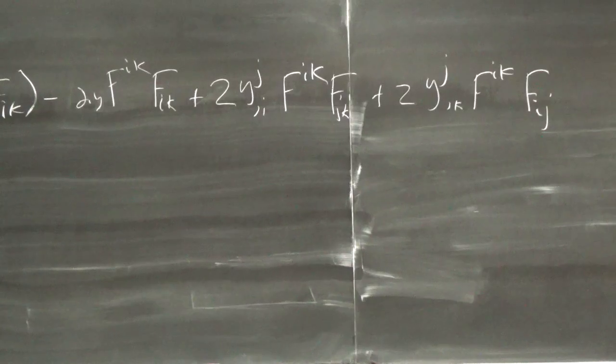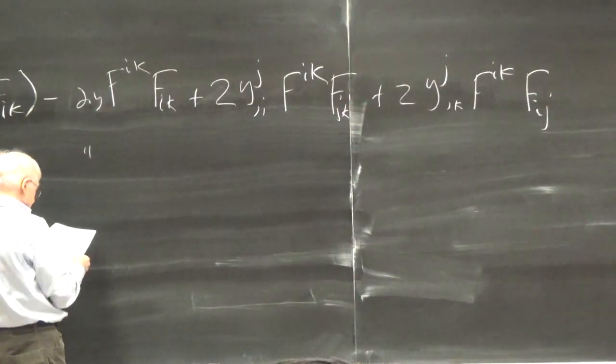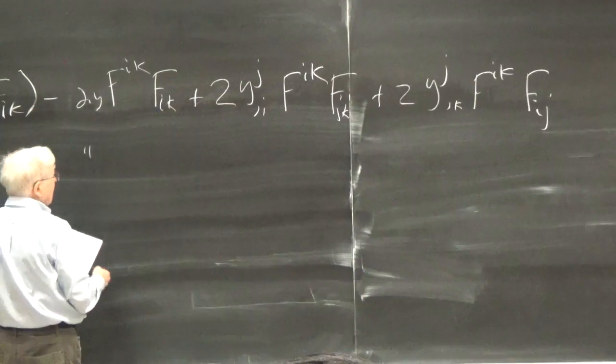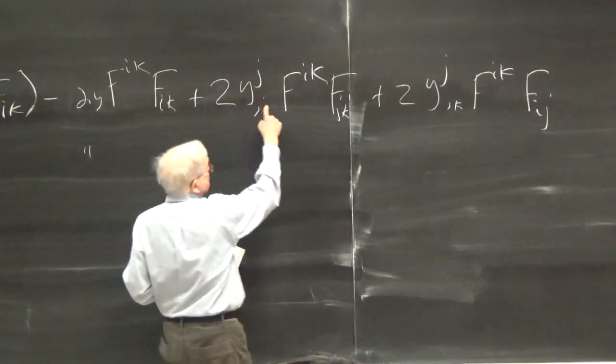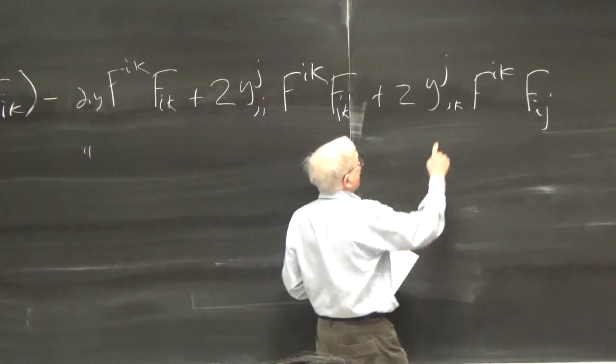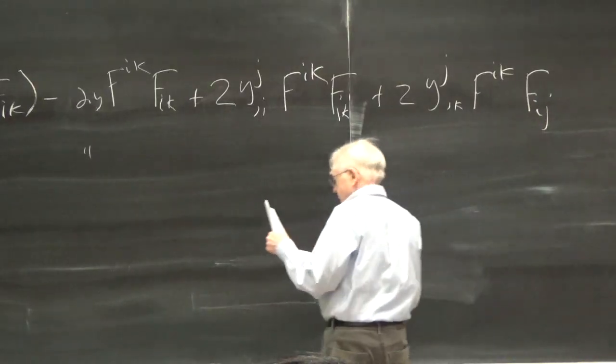And so I'm going to keep these two terms. And now I'm going to lower this j and raise that j, and I'm going to lower this j and raise that j.